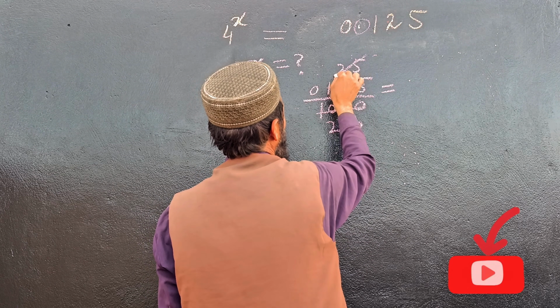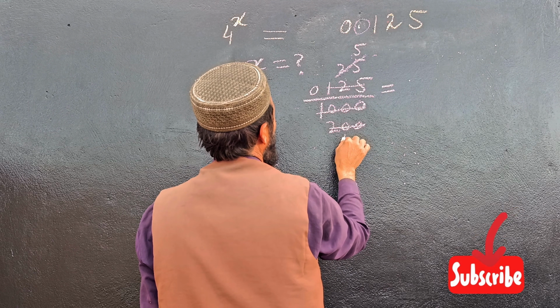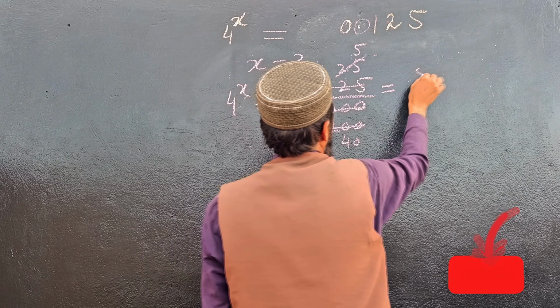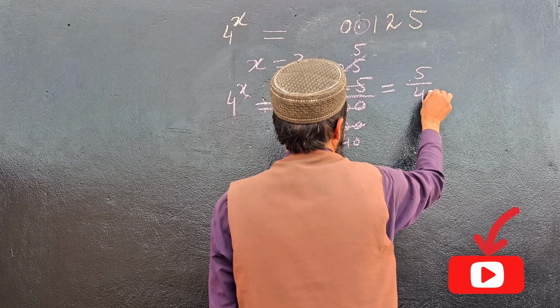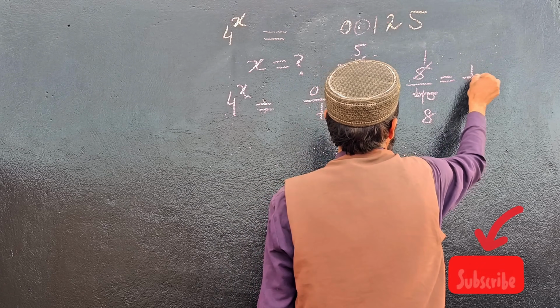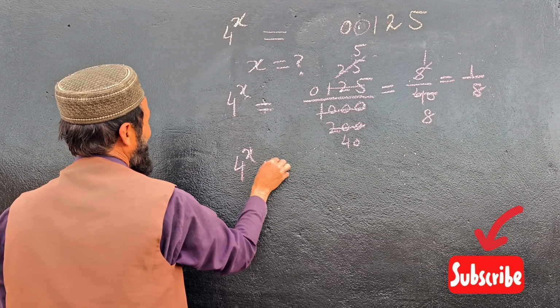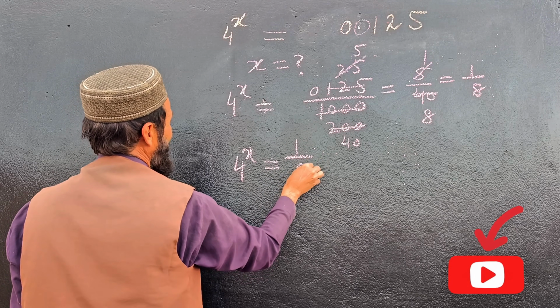Further, if we simplify this result, we get 5 divided by 40, and further we can simplify, this will be 8, so 1 by 8. So 4 exponent of x is equal to 1 by 8.